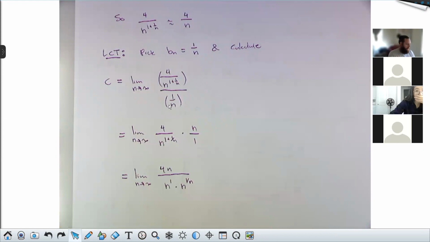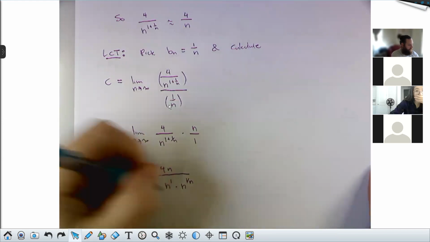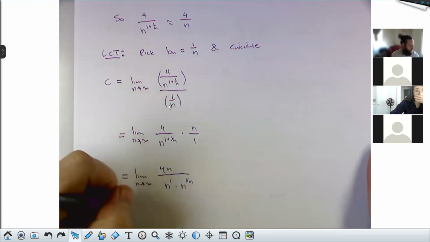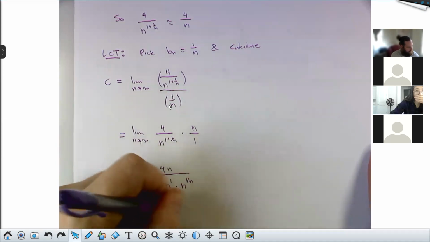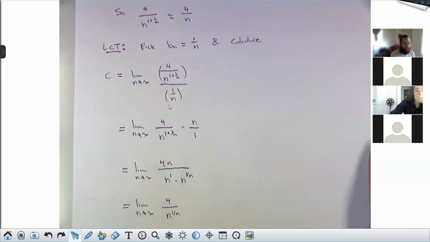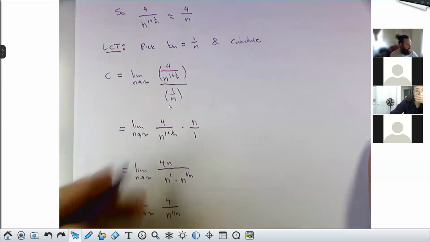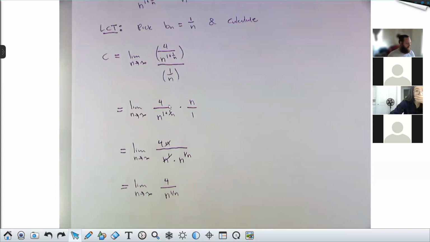You can cancel the n's. So we get the limit as n goes to infinity of 4 divided by n to the 1 over n. This n to the 1 cancels with this n to the 1. But now the challenge is this guy, right? n to the 1 over n.